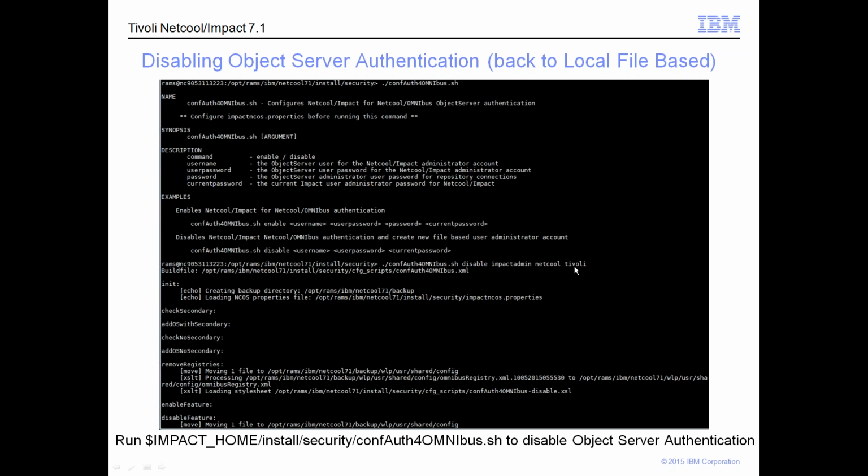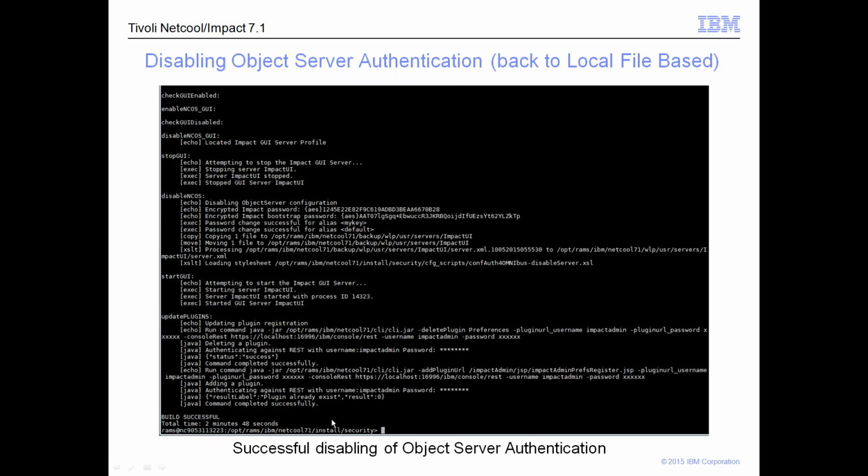There's the Tivoli password for that impact admin user that I had just before. So we run the disable, the new impact admin user, its password, and the old impact admin user's password. Hopefully when you run that, and it gets completed, you'll know build successful.